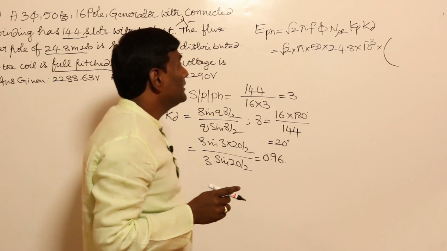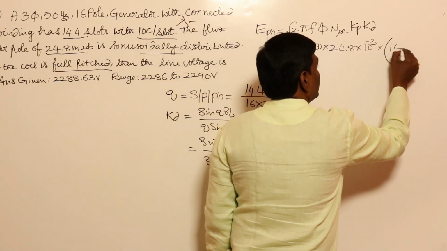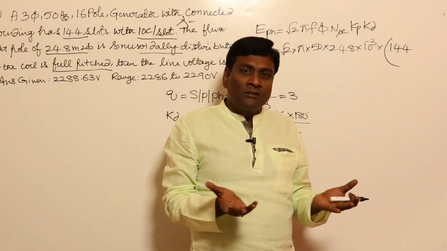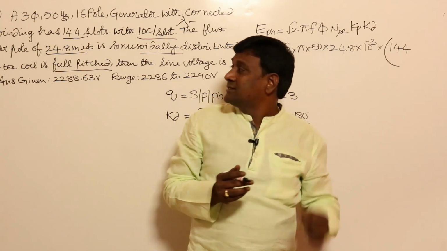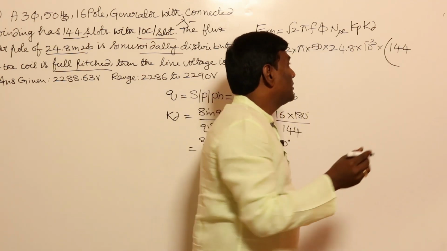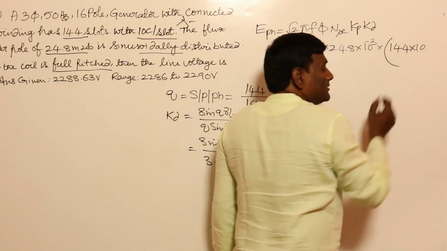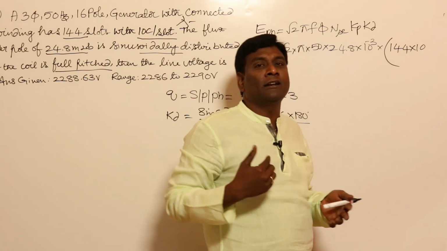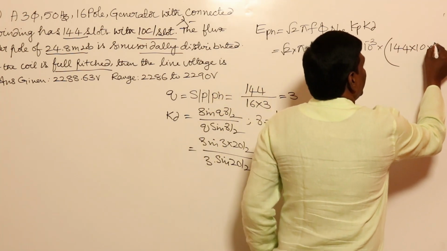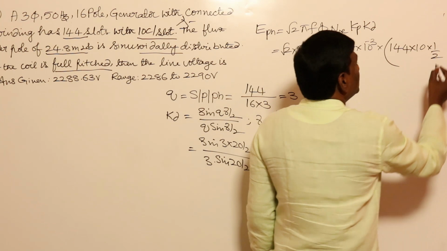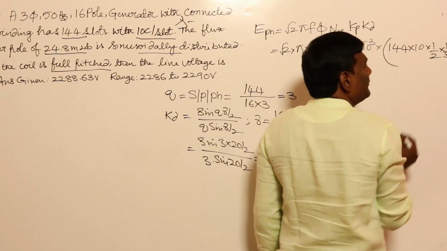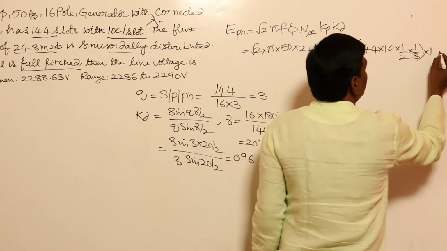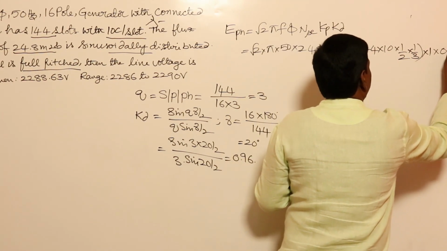How many slots are there? 144 slots; you have to visualize it. In each slot, how many conductors are there? 10 conductors per slot. So the total number of slots multiplied by the conductors in each slot gives the total conductors. Total conductors divided by 2 gives the number of turns, divided by 3 gives turns per phase, into the pitch factor, which is unity because of the full pitch coil, into the distribution factor, which is 0.96.